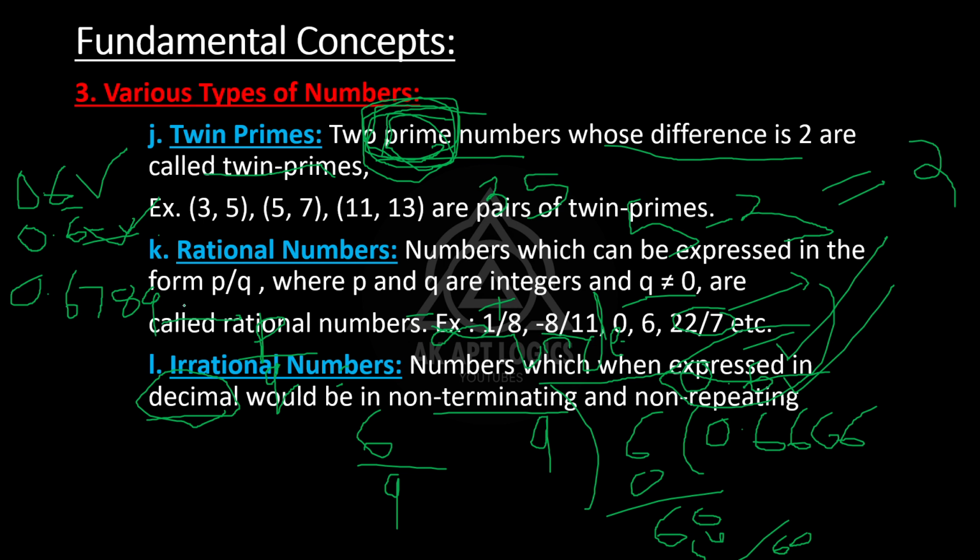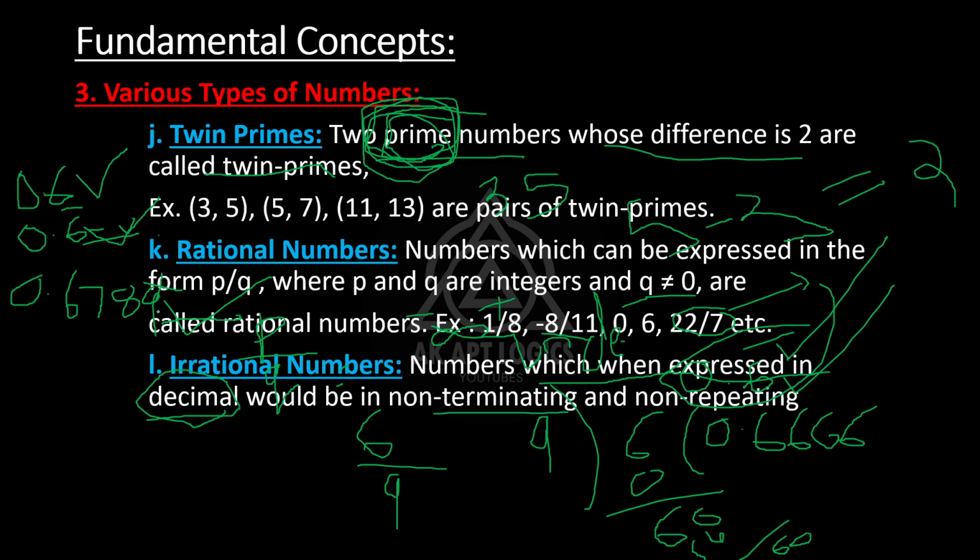After 9, we can't say that the next value is also a 9, because this number is continuously ongoing. It means it is non-terminating and also non-repeating, because it's not getting repeated for a particular value, because we haven't mentioned any 9 bar.